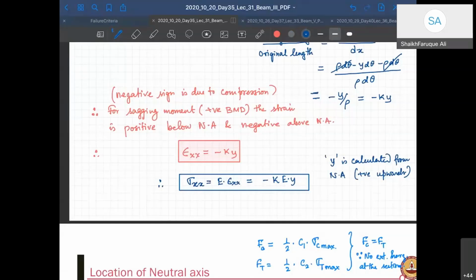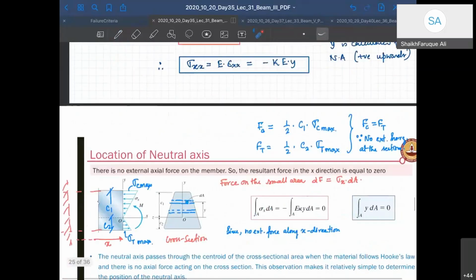Once we calculate it, that is my zero line of y. Above that, I calculate positive y and therefore find stresses and strains. Below that, I calculate negative y, and therefore stresses and strains come out positive, that is tensile. But to do that, I need to know my neutral axis, and here is how you find it.